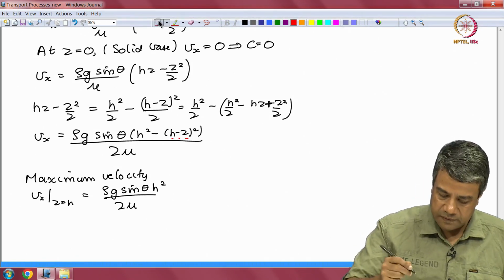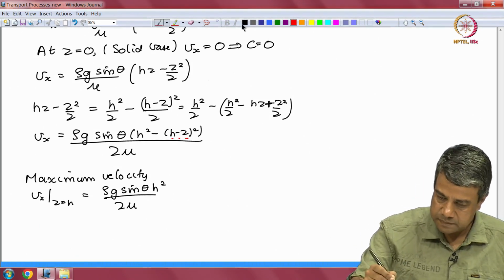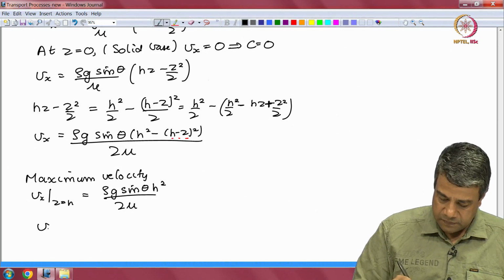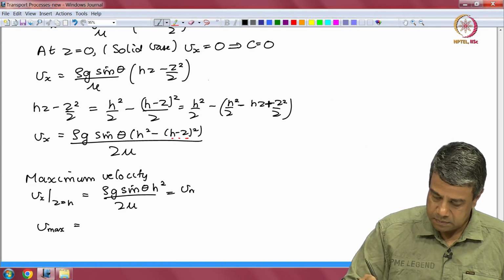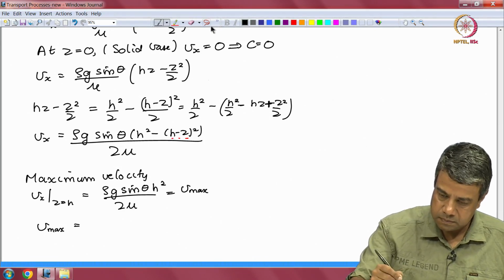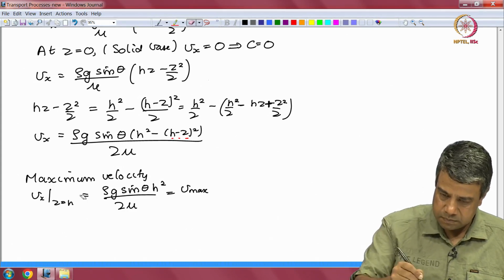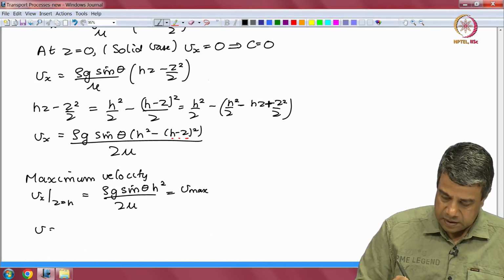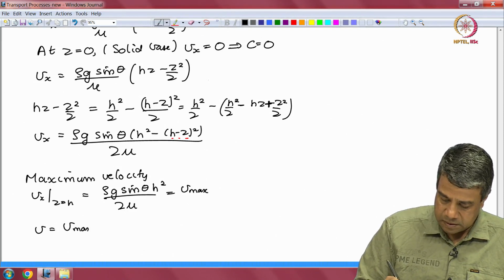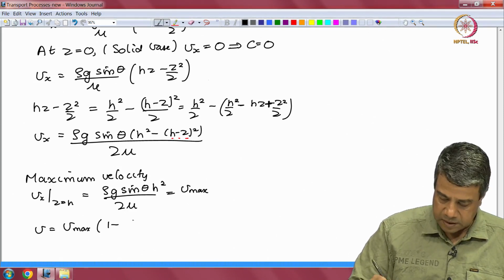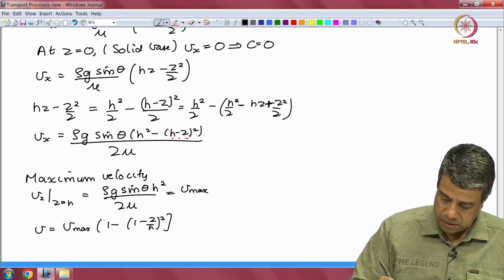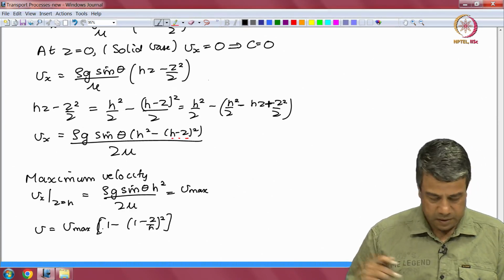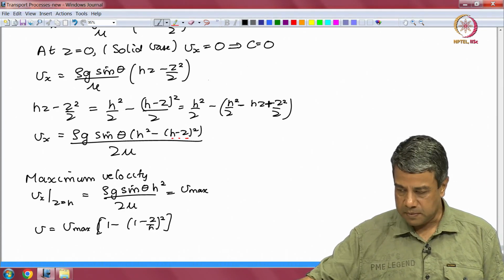Therefore, I can write the velocity alternatively as V is equal to V max into 1 minus 1 minus z by h the whole square. So, this is a parabolic profile.